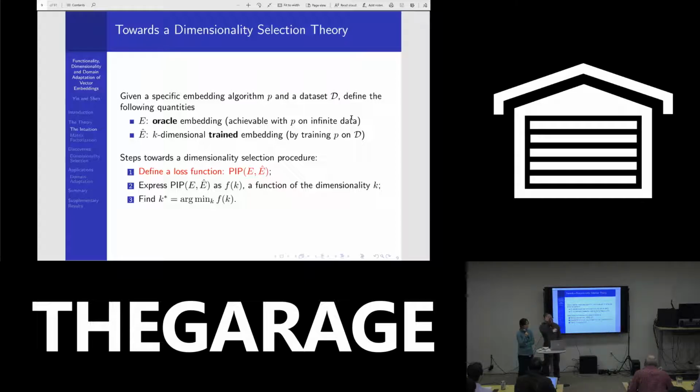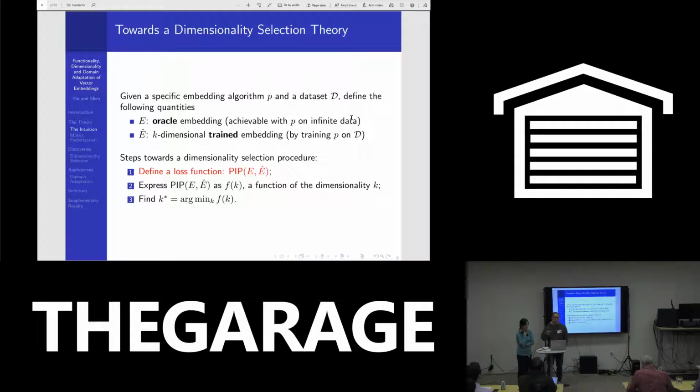So what is the intuition here? We can regard dimensionality selection as a hyperparameter tuning problem, and this problem has actually been very well studied in statistics. The way people approach this problem in statistics is they first define a loss function. Think of a parameter estimation problem.